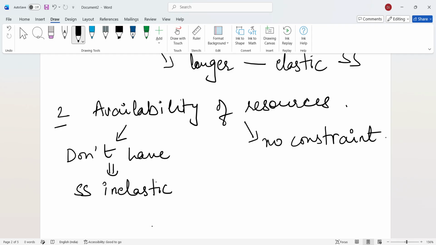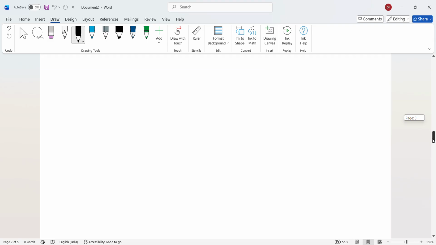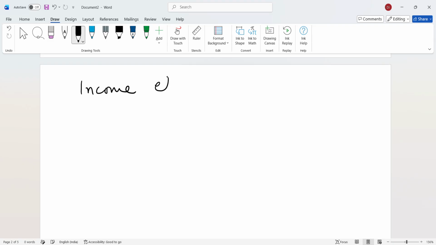But the other two elasticities that we have to do are income elasticity and cross price elasticity.